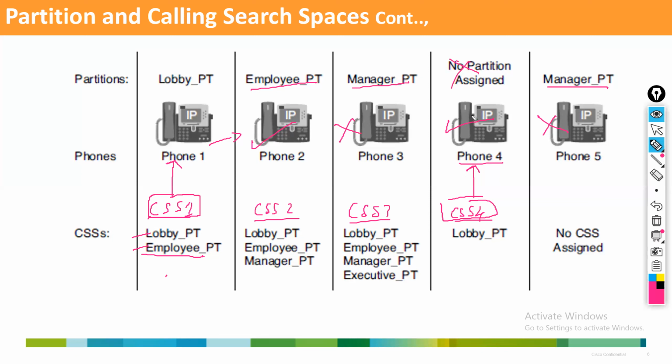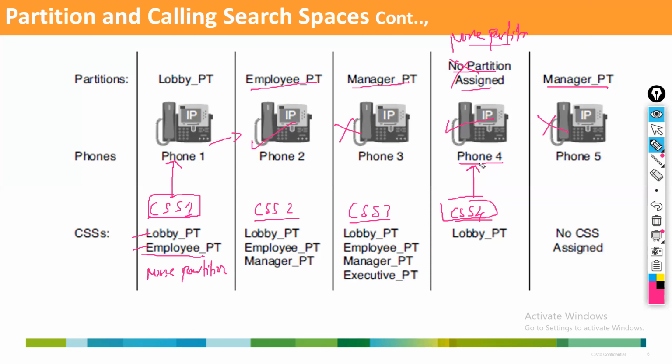Whenever you take any phone, if you are not assigning any partition, that means no partition is assigned. This is called non-partition. Every CSS will contain non-partition, but you cannot see it. Every CSS contains non-partition by default.